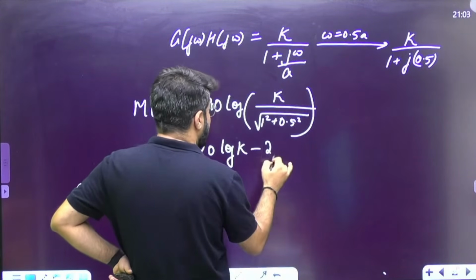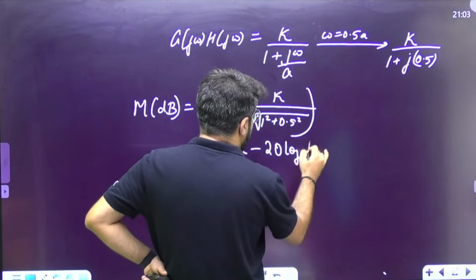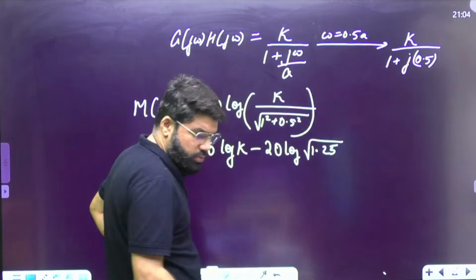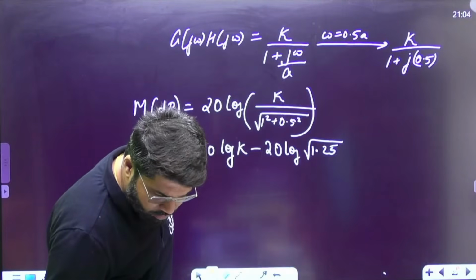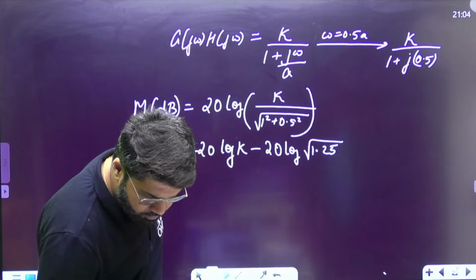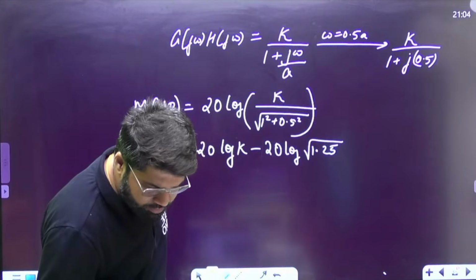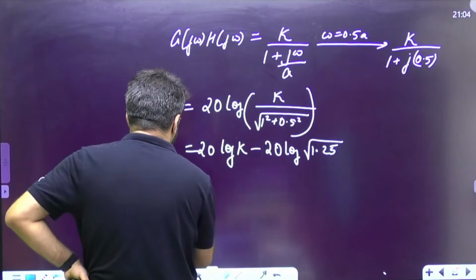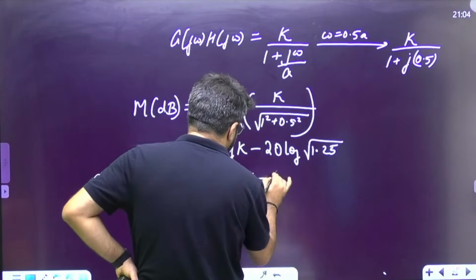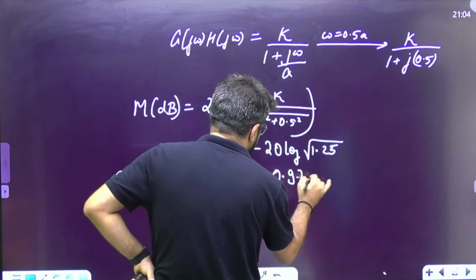So 20 log K minus 20 log under root of 1 square plus 0.5 square, which becomes 1.25. This I'll have to calculate from the calculator. This is 0.97 approximately. So magnitude is 20 log K minus 0.97.